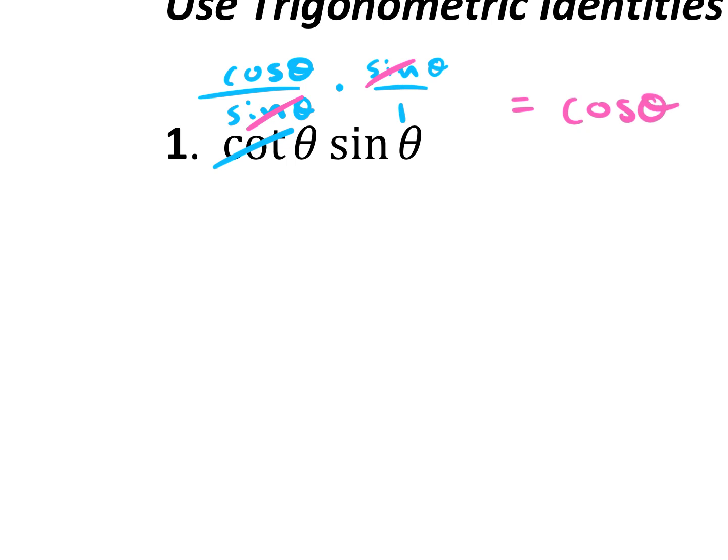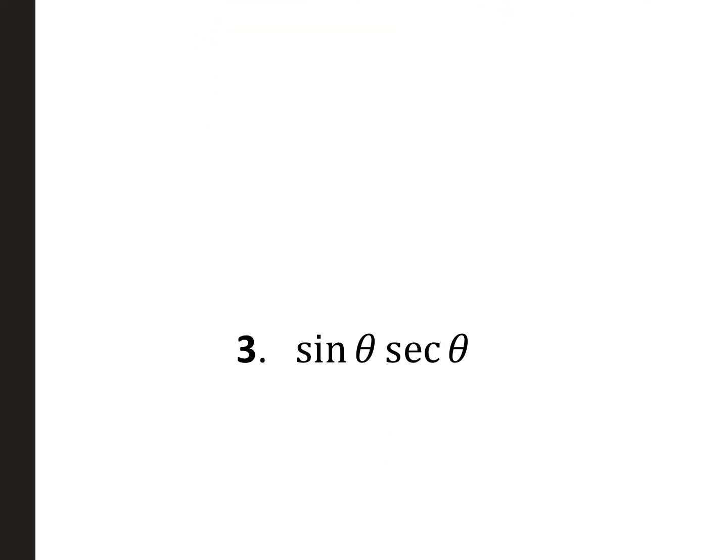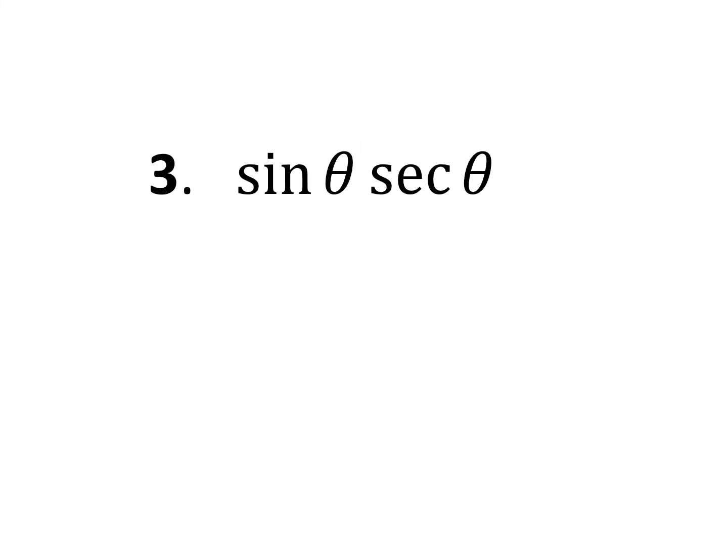All right, I'm going to go down to number 3. What should I do first? I can change secant to 1 over cosine. What can I do next? I can multiply them together, so that would be sine over cosine. Awesome. Sine over cosine is tangent.